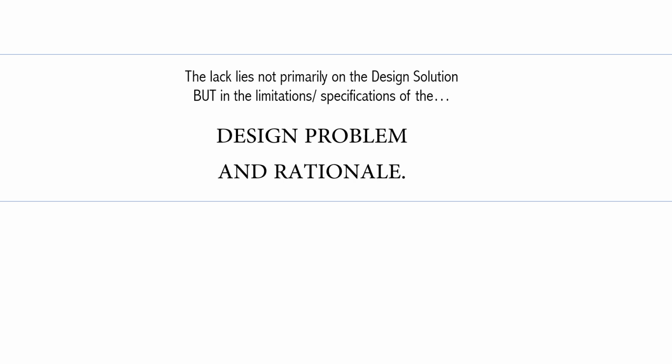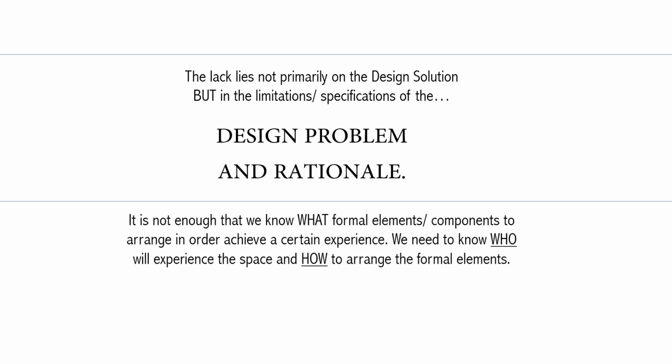So perhaps it's time now to unpack more of the design problem in order to make a more rational design solution. And that's what the next module is about. So it is not enough that we know what formal elements and components to arrange in order to achieve a certain experience. We need to know who will experience the space and how to arrange the formal elements.